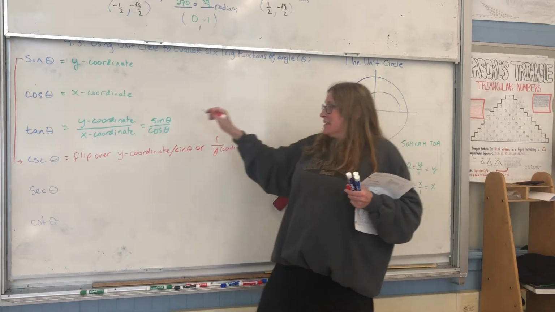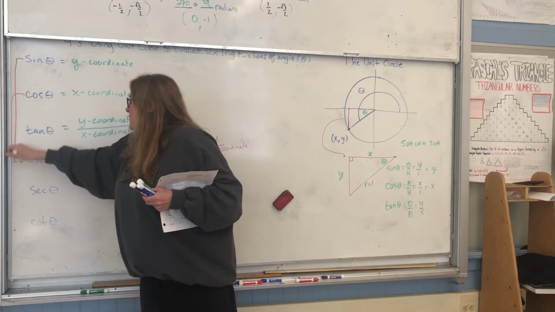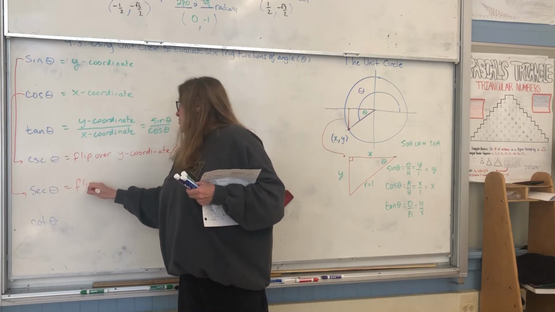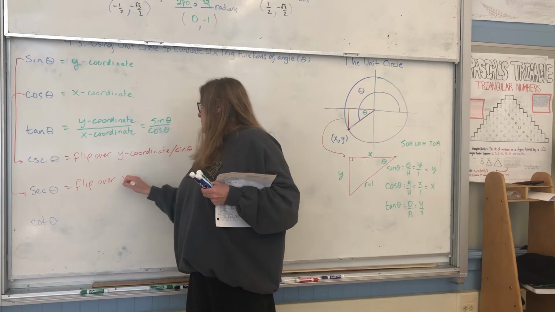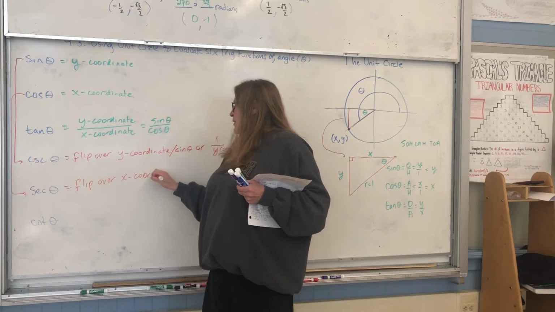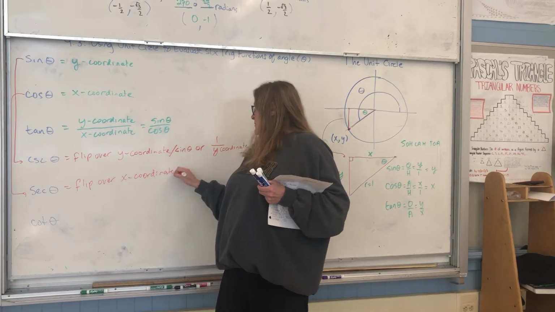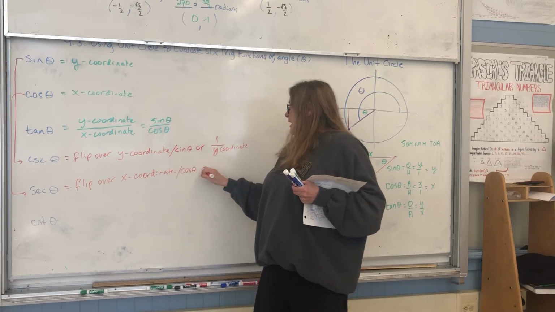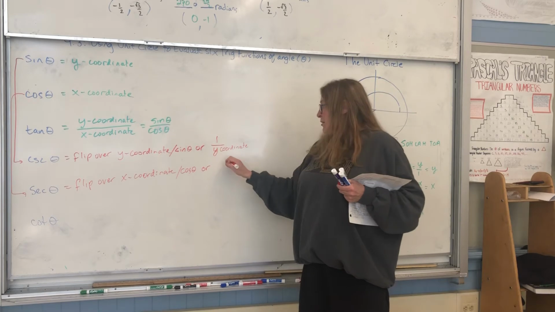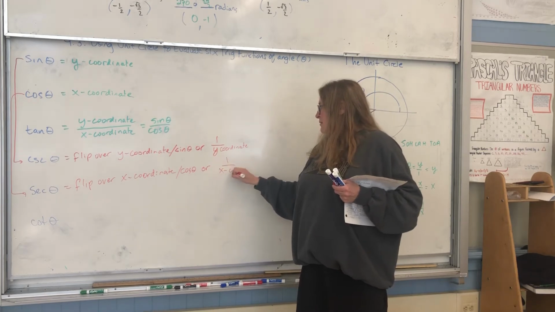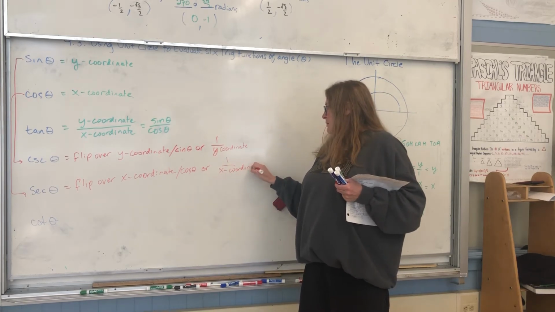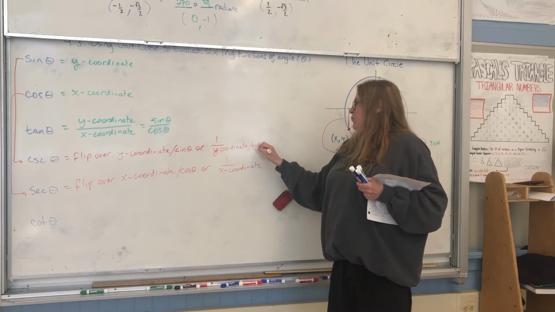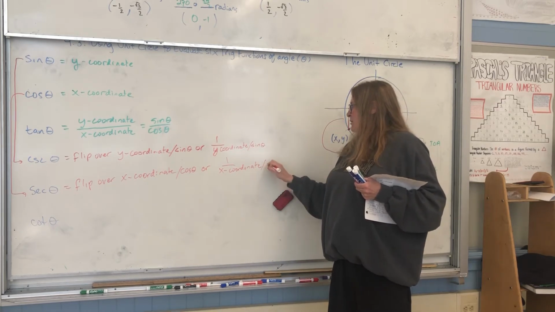Okay, secant is cosine flipped over. So what I'm going to do here is I'm going to flip over the x coordinate. Or in other words, flip over cosine. Or I can think of it as 1 over the x coordinate. And really that's cosine. 1 over cosine, 1 over x coordinate.